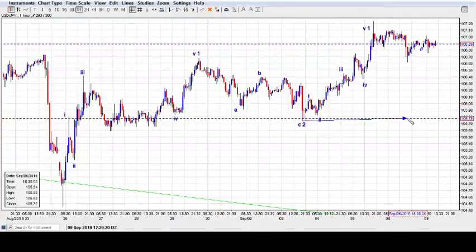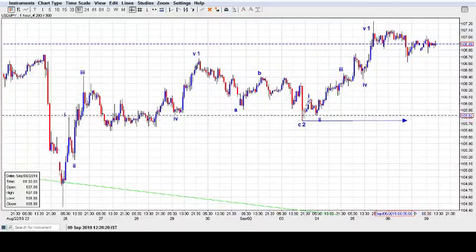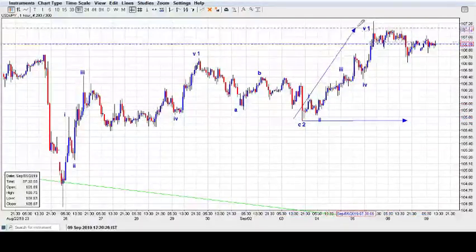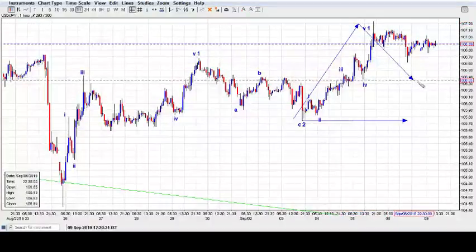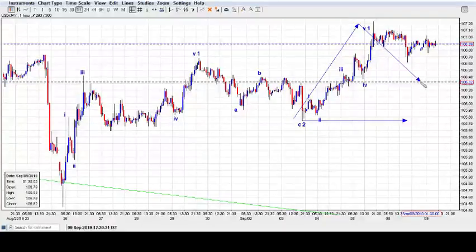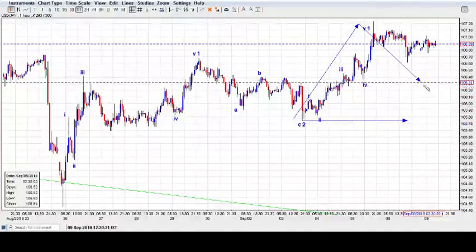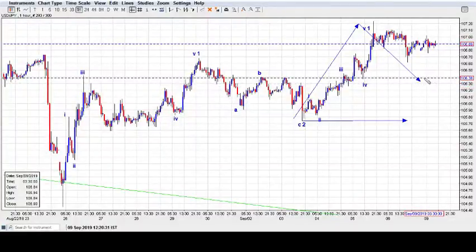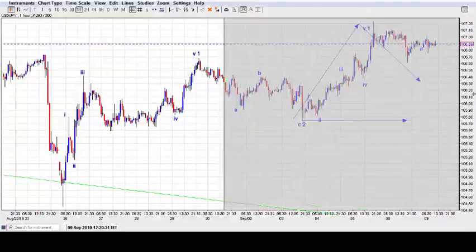All right. If that's the boundary which is being worked upon, we might see a drop pushing all the way through the 61.8% mark, which is close to 106.30, 40 levels. Now let's expand this chart view a bit.